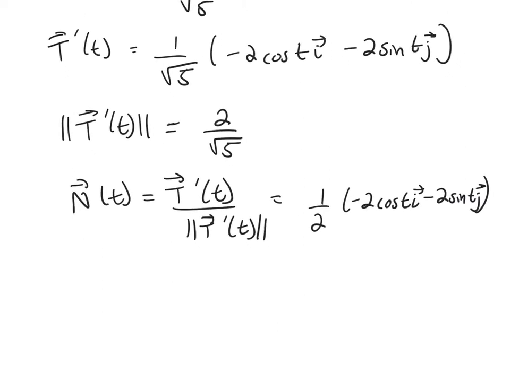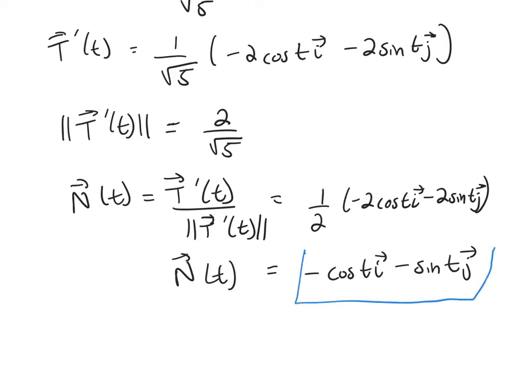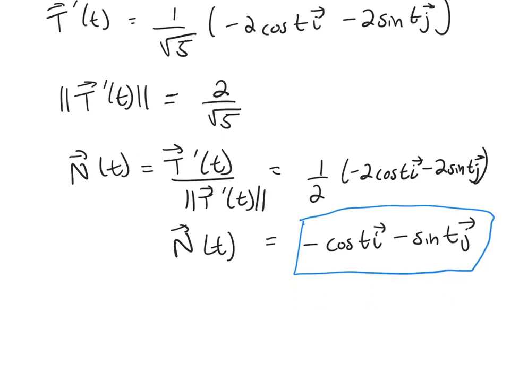And then if I distribute that 1/2, I'll end up with minus cosine t i and minus sine t j. And this is my principal unit normal vector N that I was looking for. So when you're asked to find this principal unit normal vector, you have to find the unit tangent vector T in order to find this vector N.